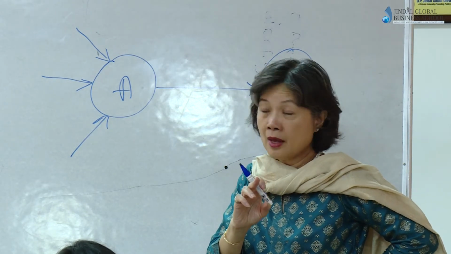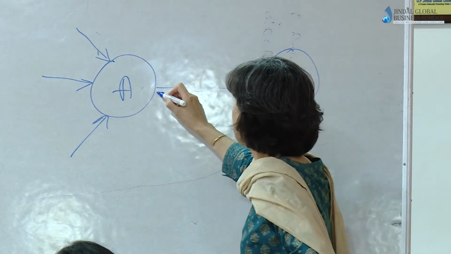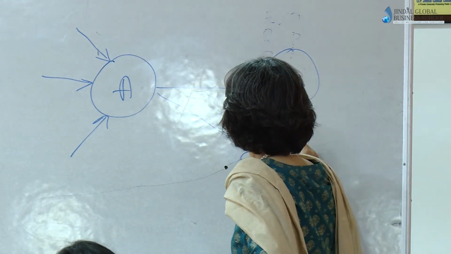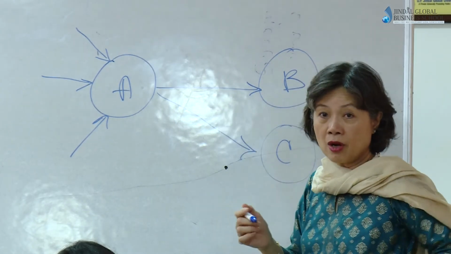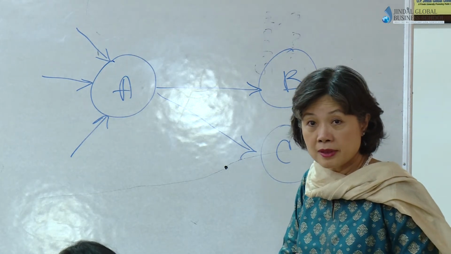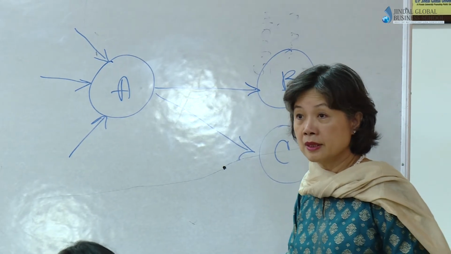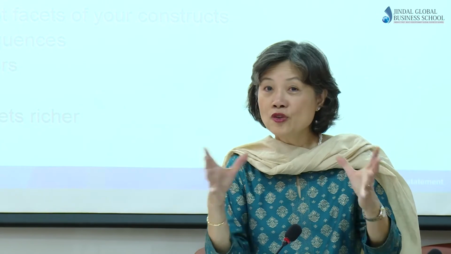But my A may have more than one consequence. I may actually have C. But B and C may not be correlated, because they may be moderated by different things. That is why I start with one construct, and before you know it, you actually know a lot more other constructs.